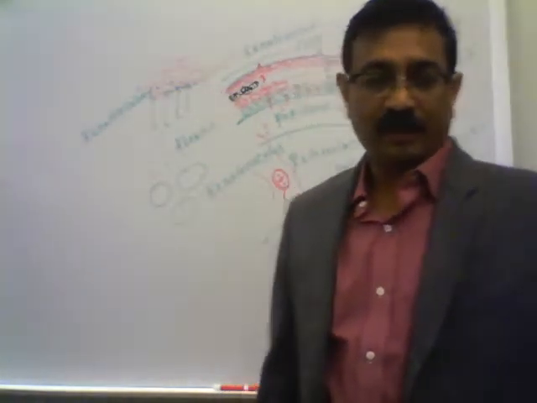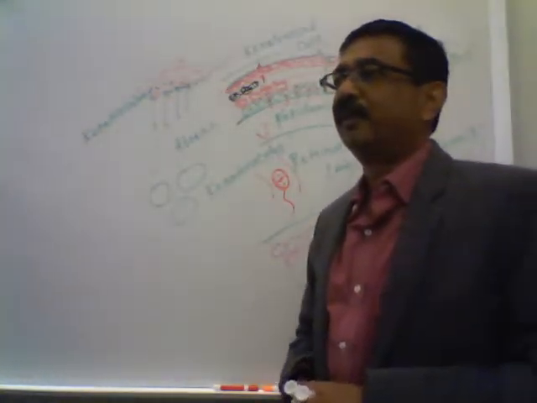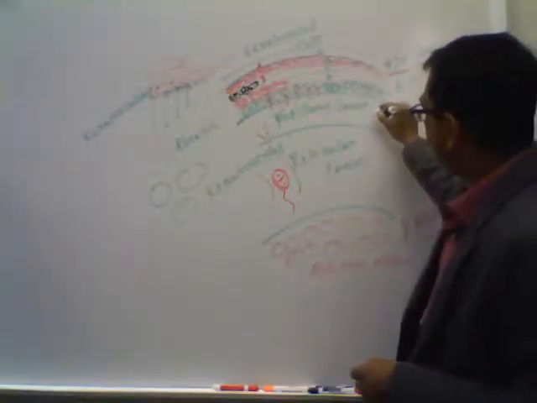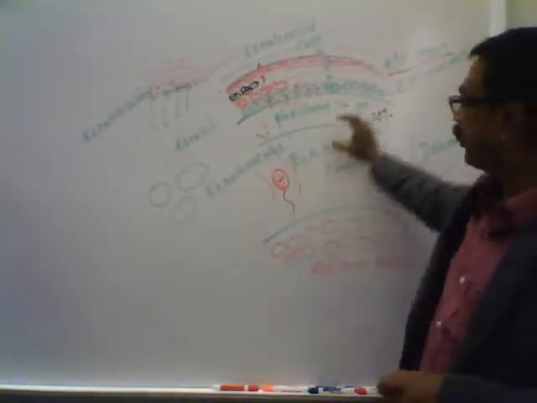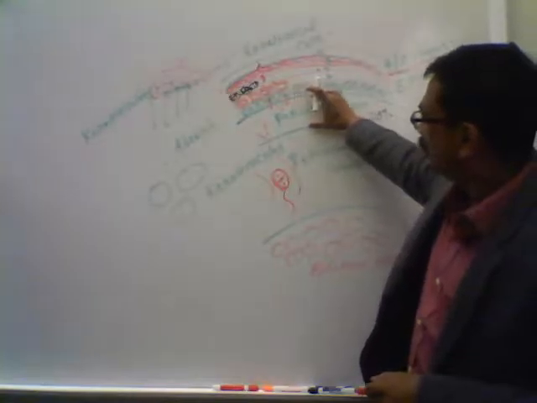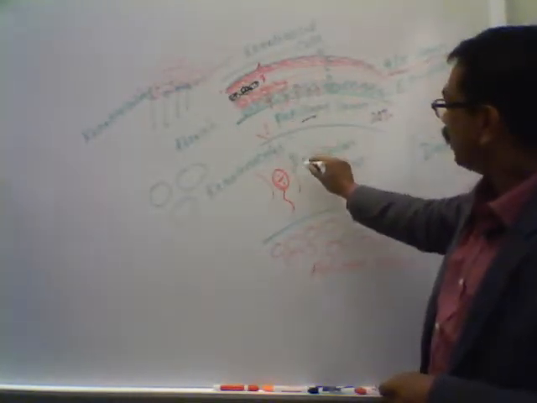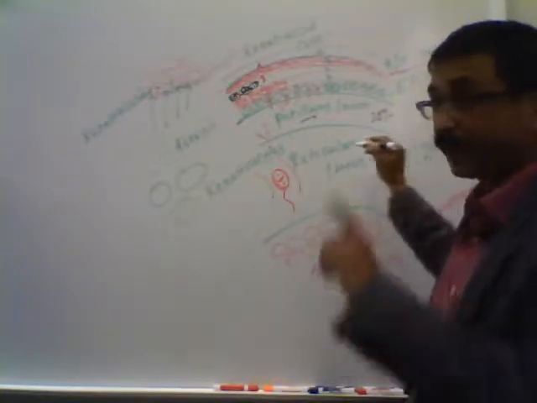Dermis has two layers, outer papillary layer and inner reticular layer. The papillary layer gives 20% thickness of the dermis. Inner reticular layer gives about 80% thickness of the dermis, remember.